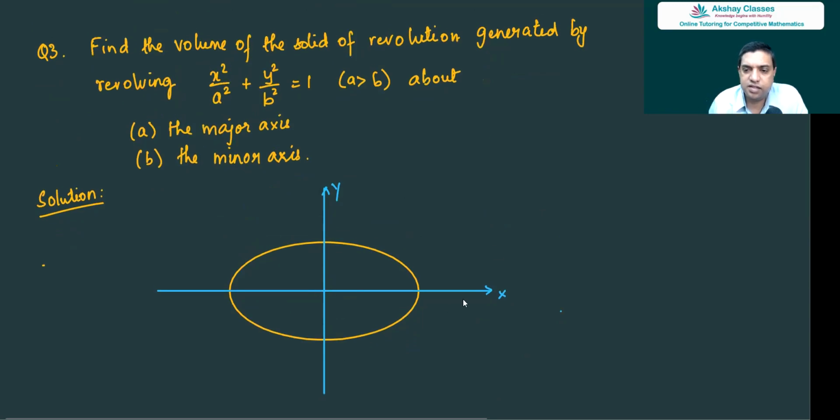Now, let us say this is the major axis. If these are the points AB, they form the major axis. CD forms the minor axis. So the major axis is along the x-axis. Now, if we revolve about this, you will form an ellipsoid. This volume is called an ellipsoid. How to find the volume? So simple.